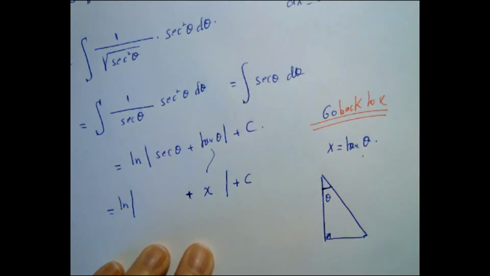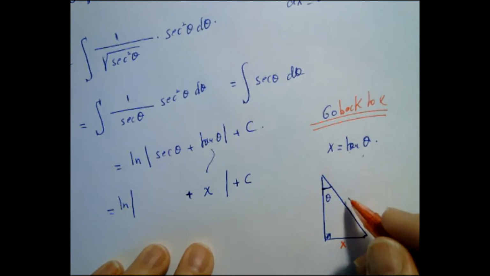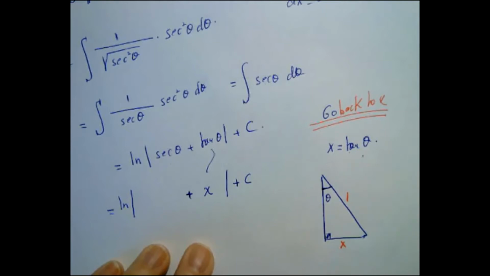Then I'm going to label the triangle so that the tangent of theta will be x. The tangent is opposite over hypotenuse, so I'm going to put the opposite to be x, the hypotenuse to be 1. Professor, isn't the tangent opposite over adjacent? Yes, of course.